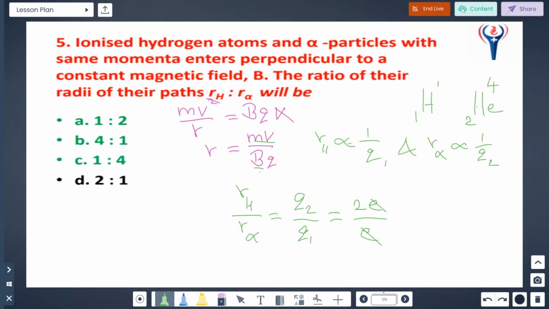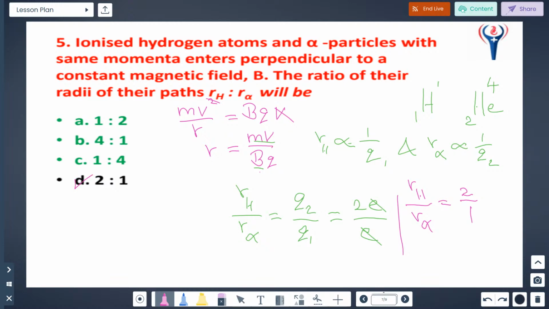Then RH by R alpha equals 2 by 1, or 2 is to 1. That is option D. Option D is the correct answer.